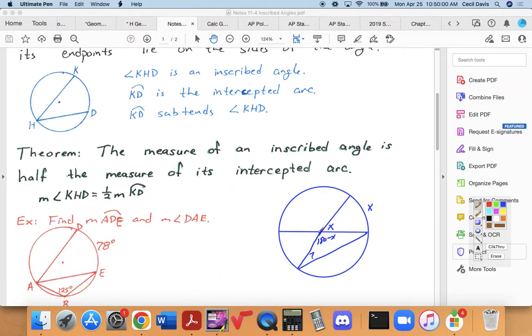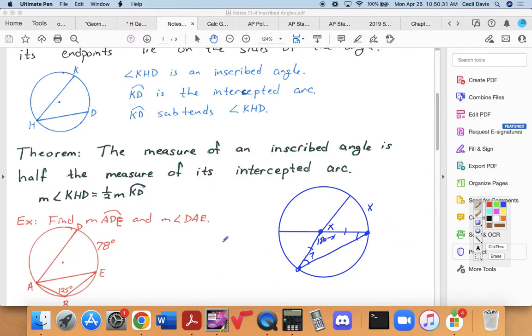Then what kind of a triangle is this triangle right here? It's isosceles because these are both radii, right? That means that these two angles have to be congruent. So let's say I knew that this angle was 50. What would I do to find these two angles? 180 minus 50 divided by 2. Okay, I take 180 minus this angle and then divide that by 2.